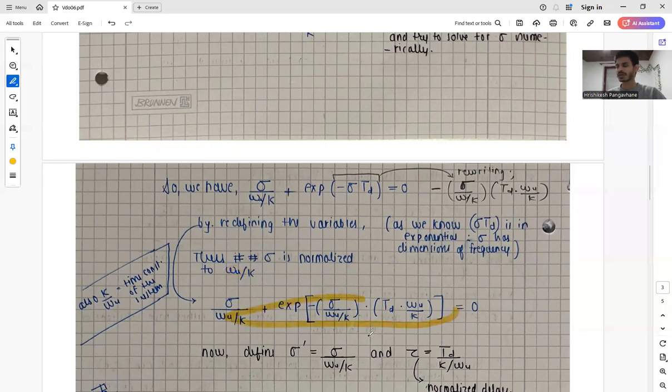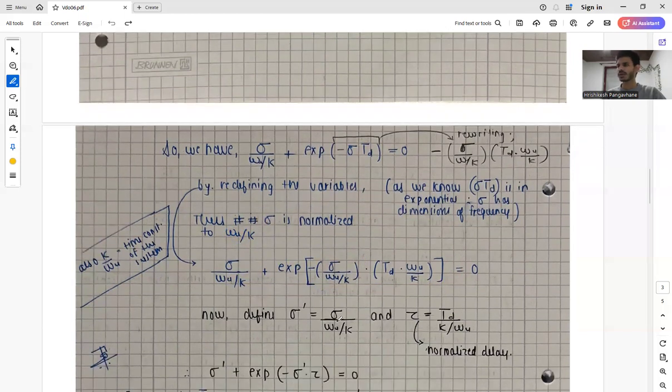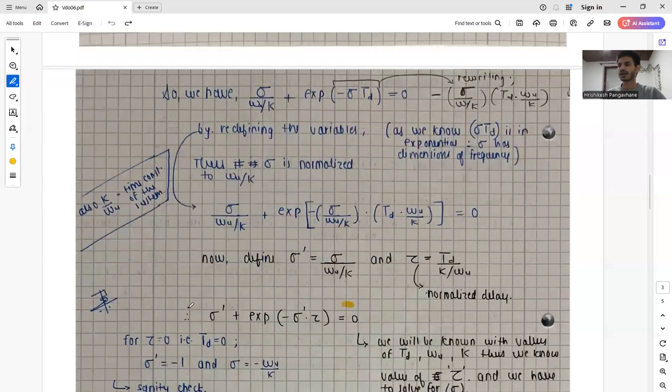This is how our equation will look. Now in this equation, we define sigma by omega u by k as sigma prime, and we define this entity as the normalized time delay tau. So our equation comes out to be sigma prime plus exponential of minus sigma prime into tau equals 0.